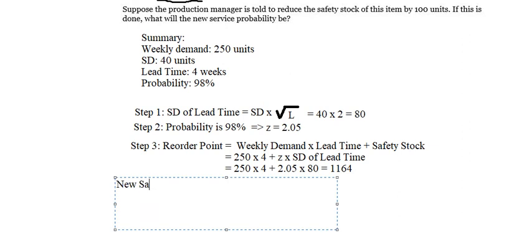The new safety stock will be 2.05 multiplied by 80, the number we just calculated, minus 100. Let's see from the question, and we will get the new number, which is 64.